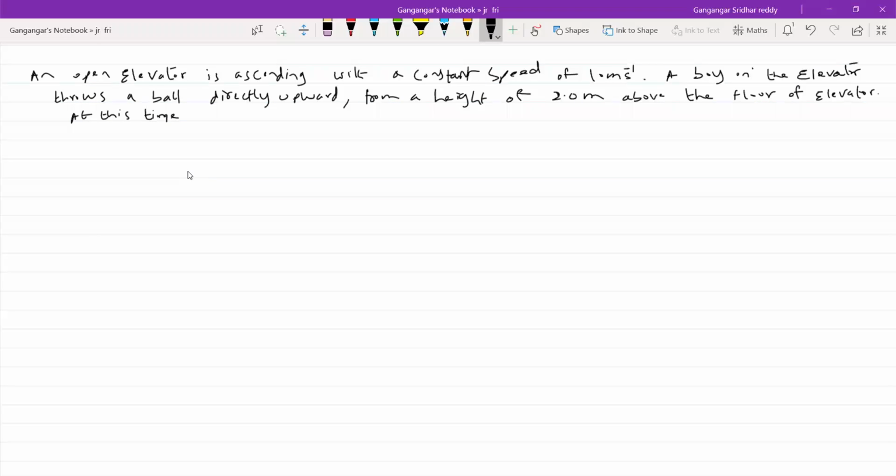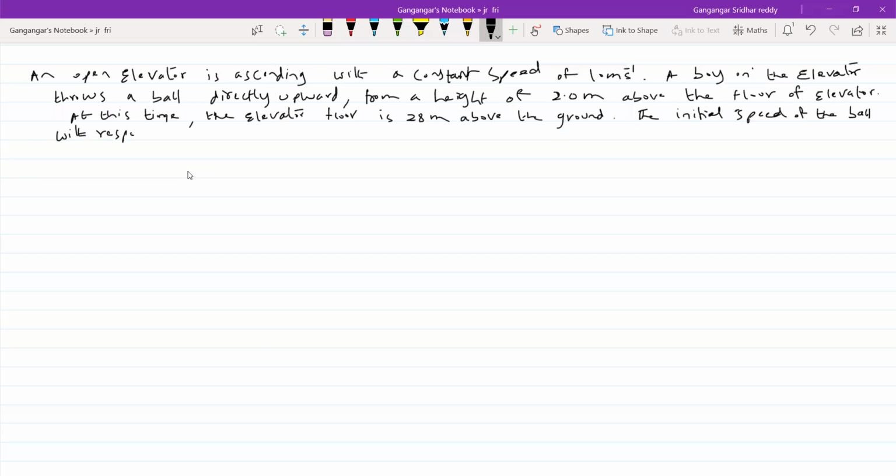At this time, the elevator floor is 28 meter above the ground. The initial speed of the ball with respect to the elevator is 20 meter per second.